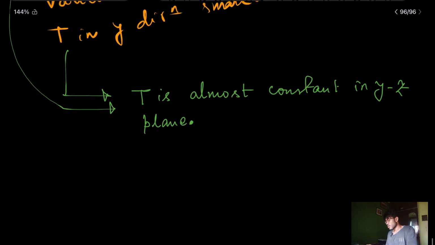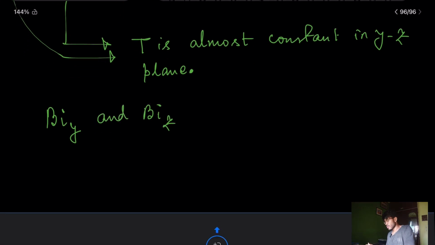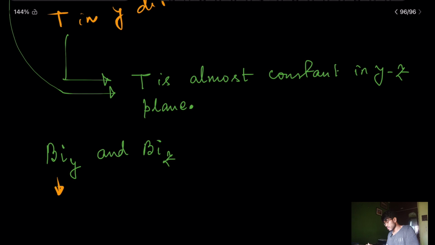So another mathematical parameter can define it, to check whether I can consider the variation of T in the YZ plane constant or not. That is the Biot number based on the Y length scale and the Biot number based on the Z length scale. So this will be h into Y by K, and that is here h into 2H.